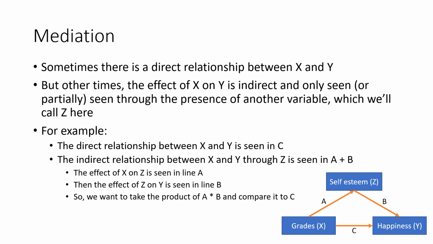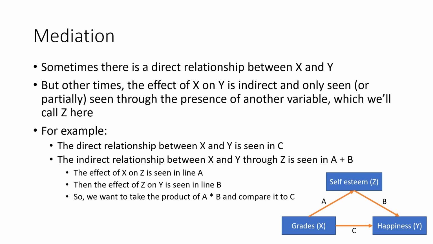y through z, right? So you can see the direct relationship between x and y is seen in line C, and the indirect relationship between x and y is seen through lines A plus B. So the effect of x on z is seen in line A. The effect of z on y is seen in line B. And what we want to do to evaluate the possibility of mediation is to take the product of A times B and then compare that result to C to see which is a stronger pathway towards happiness, right?